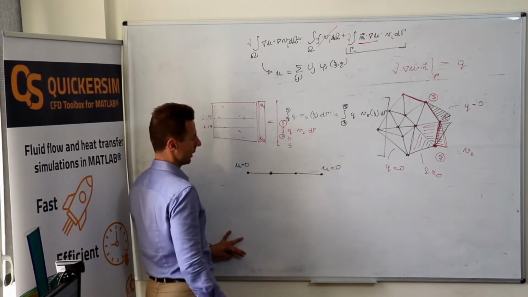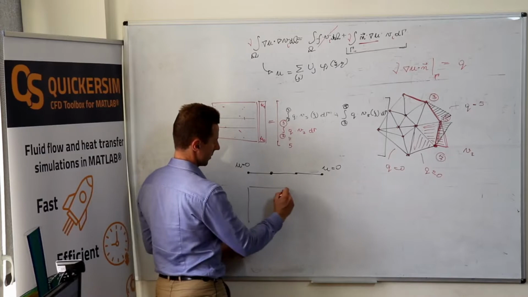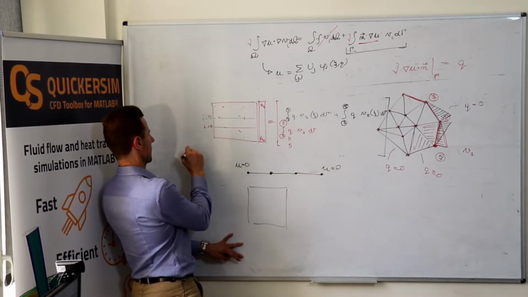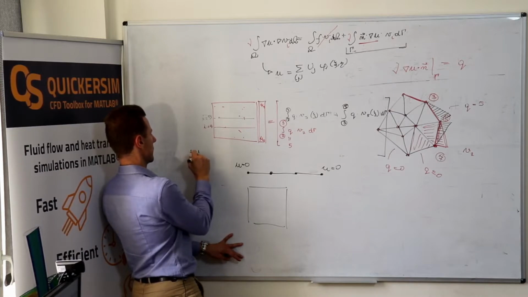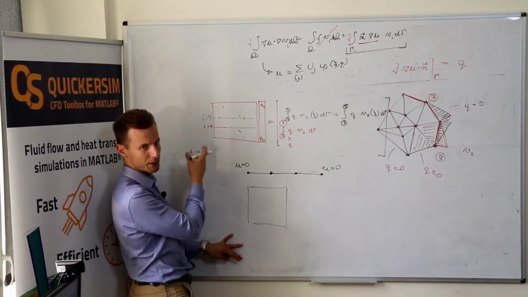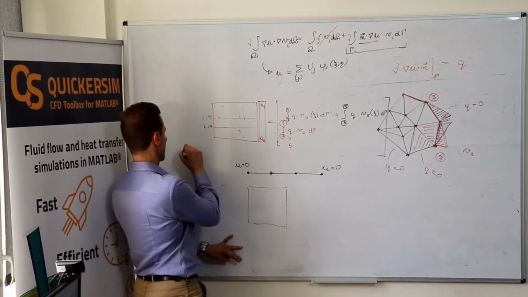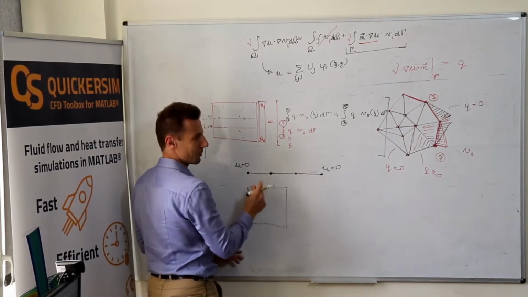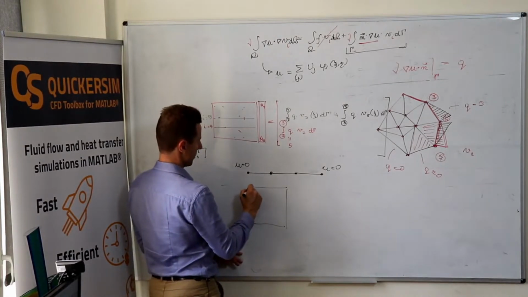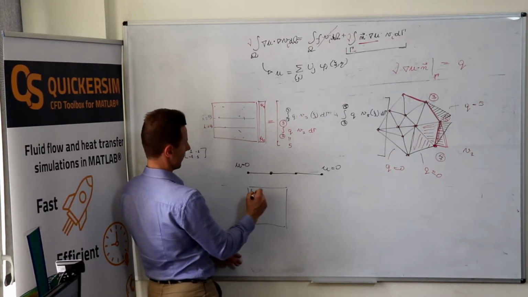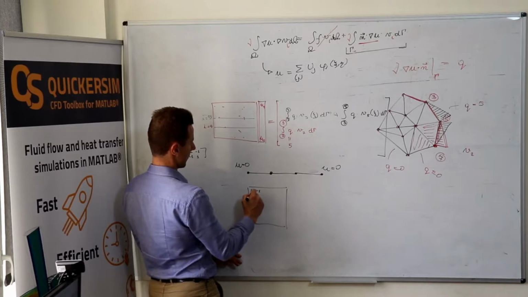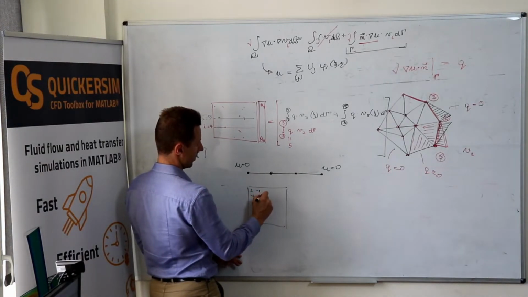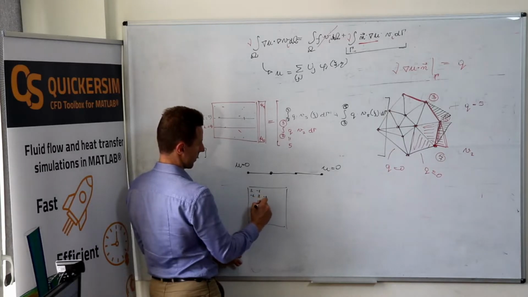What was the local matrix? Was it 1, minus 1, minus 1, 1, I think? Well, divided by delta x. So you can quickly assemble that. This would be 1, I believe, minus 1, minus 1, 1. Then again 1, which is already 2. Minus 1, minus 1.